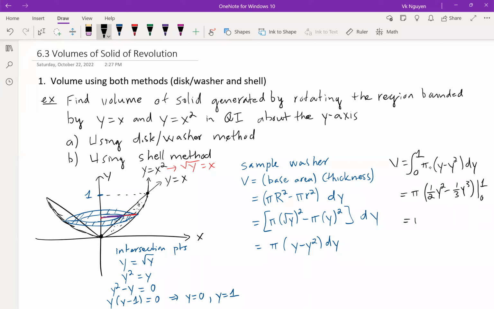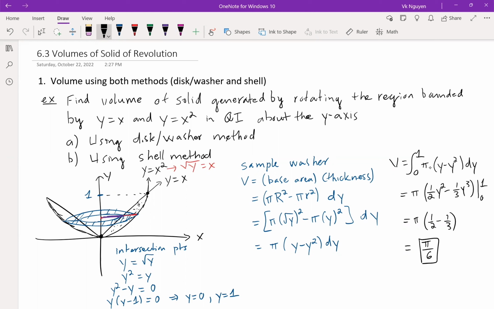And ta-da, we have pi times 1/2 minus 1/3, which is pi/6. Wow, pretty cool. This is, of course, using the washer method.